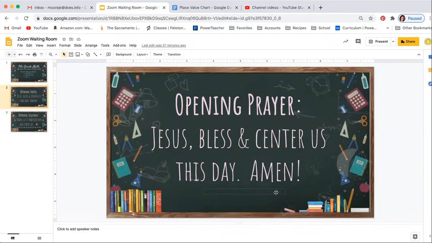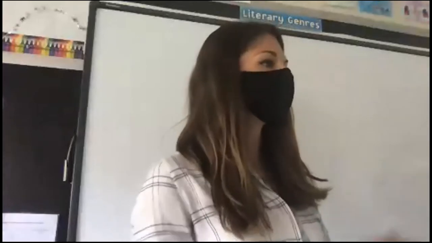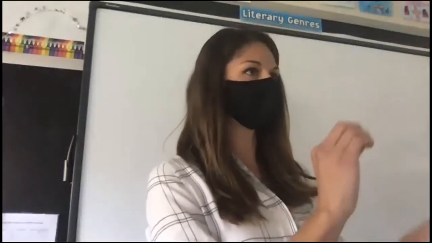Okay, so I'm going to stop sharing that on the screen and have my kids write in their planner our agenda for the day, which is to cover lesson 2.1. We're going to do both sides of that workbook page together.